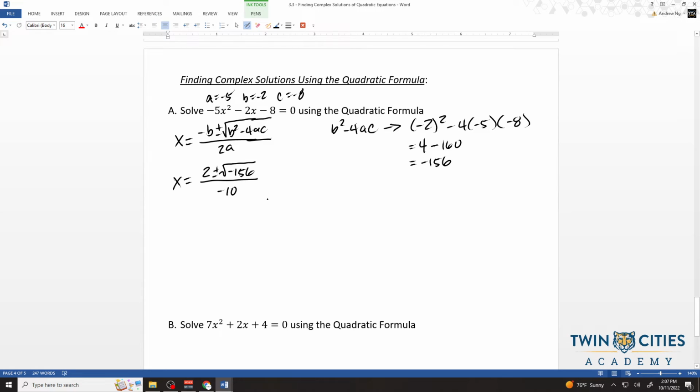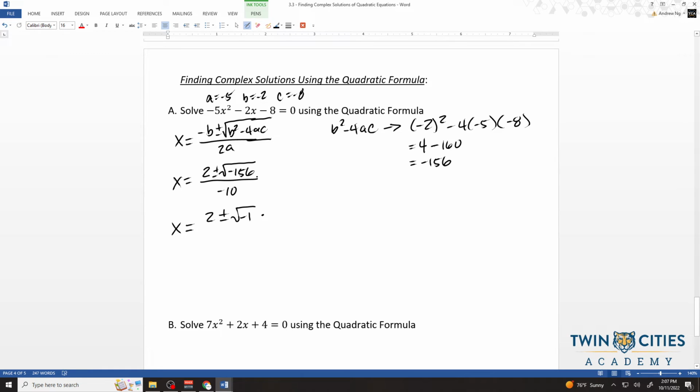All right, this can be broken up. The square root of negative 156. This is the same as saying x equals 2 plus or minus the square root of negative 1 times, so this will make positive 156 here.